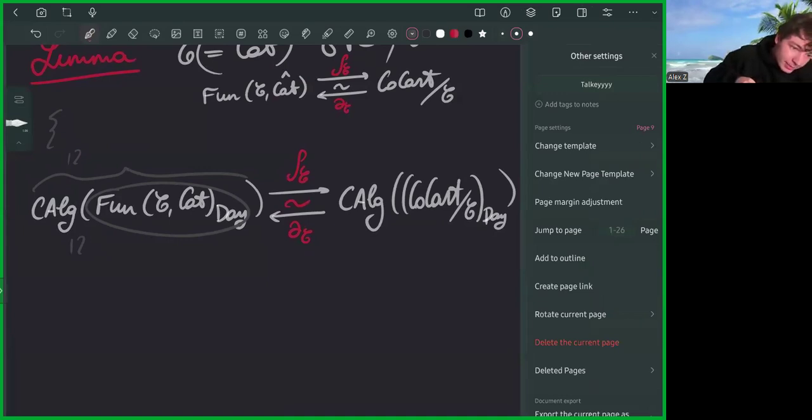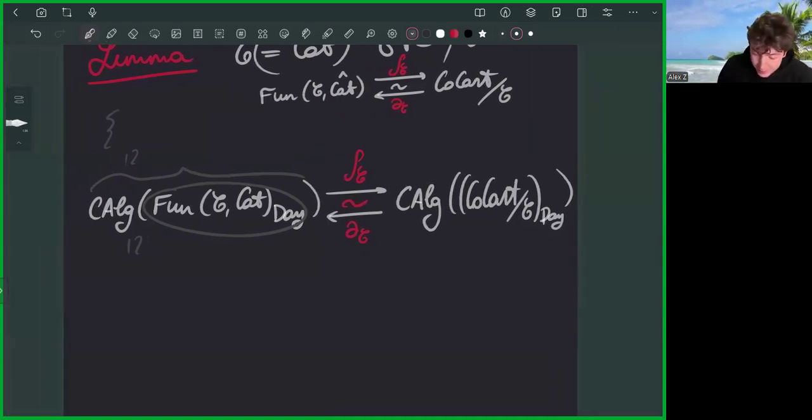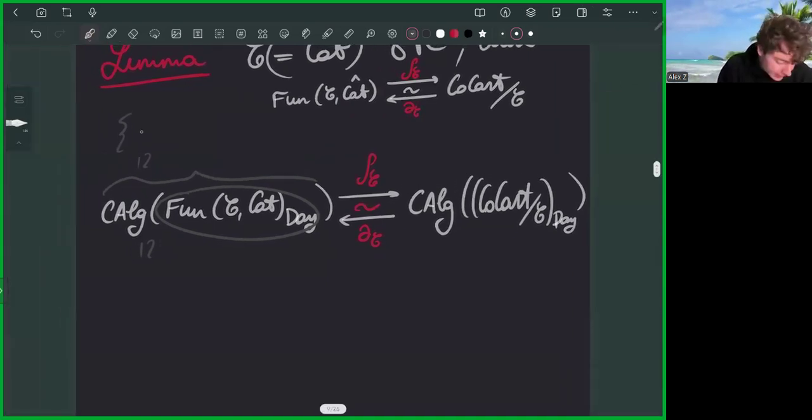Let me just plug in my laptop so as to have more power. Okay, so there is this Day convolution tensor product. The cool thing about this is that on this hand side, we have Lax symmetric monoidal functors. So commutative algebra objects in here are Lax symmetric monoidal functors.